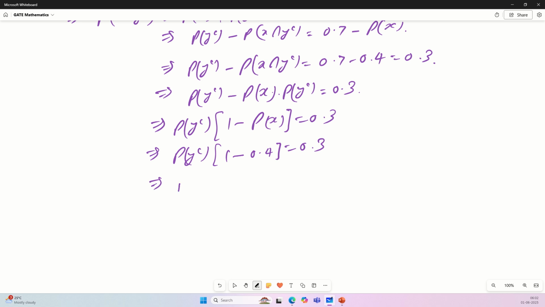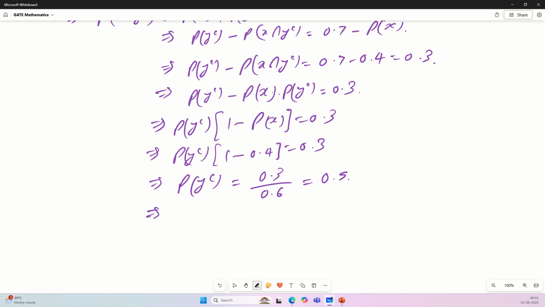So probability of Y complement is equal to 0.3 divided by 0.6, that is 3 by 6, it is 0.5. So now you know that we have probability of Y complement as well, which is going to be 0.5.